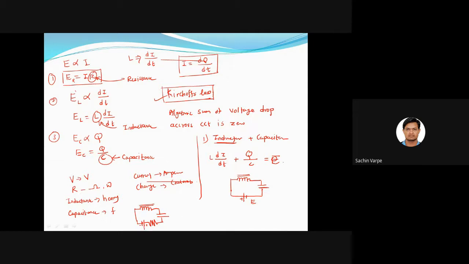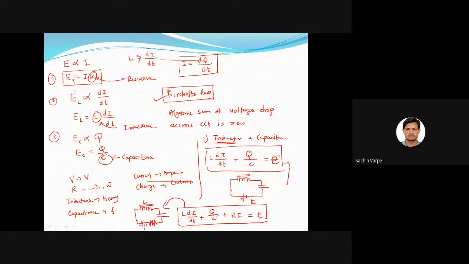Accordingly, the differential equation by Kirchhoff's law, the algebraic sum of voltage drops: the voltage drop across the inductor is L di by dt, plus the voltage drop across the capacitor is Q by C, plus the voltage drop across the resistor is Ri, and that equals the total electromotive force, say E. So this is the differential equation associated with this circuit. Is this clear to everyone?